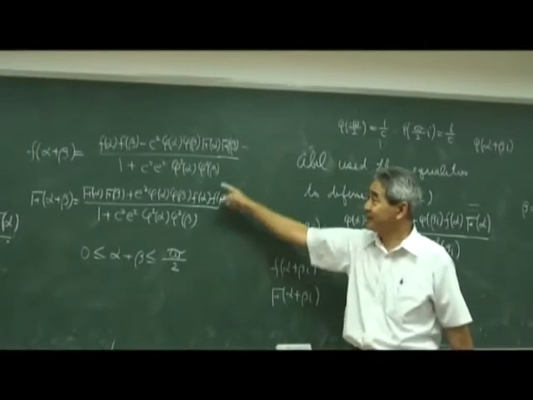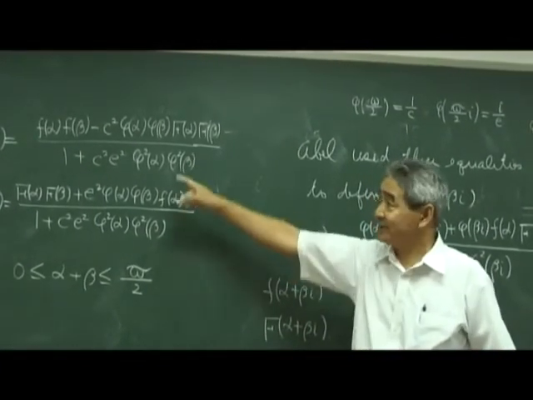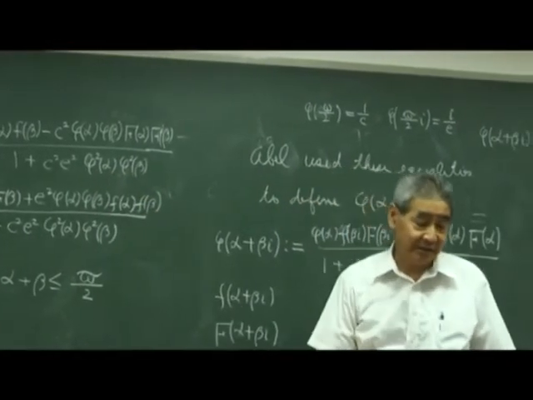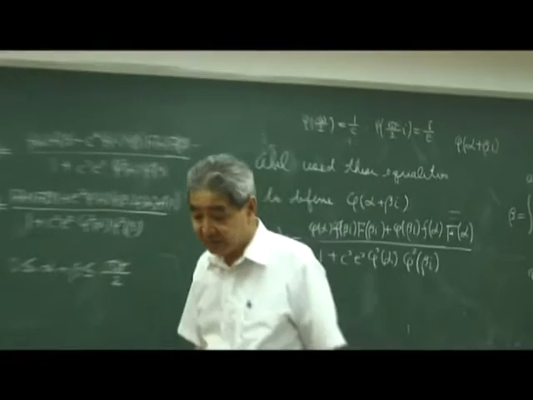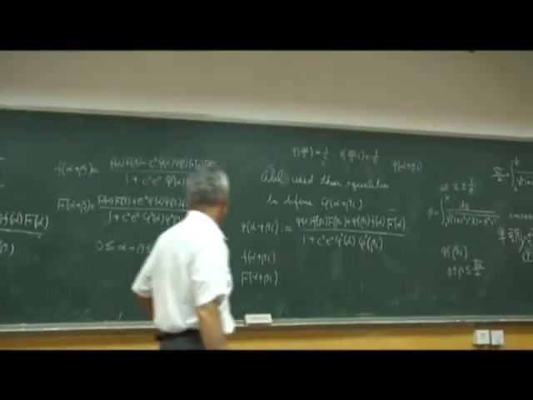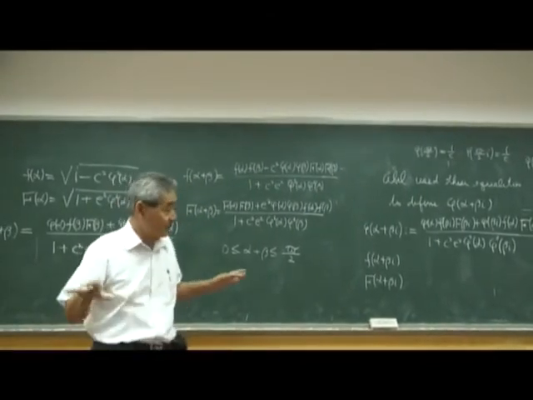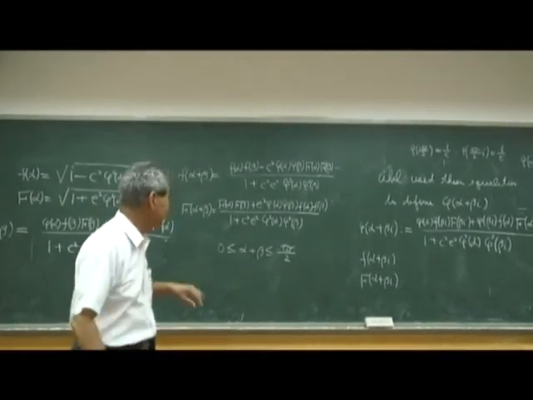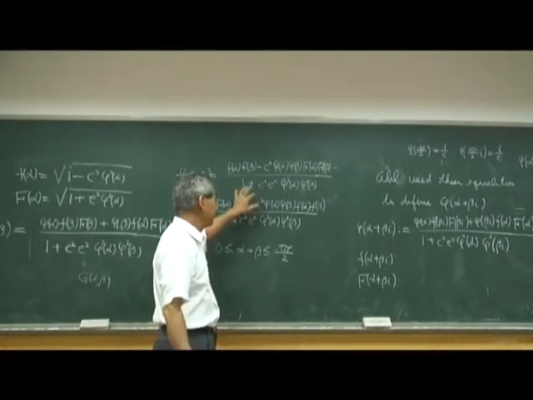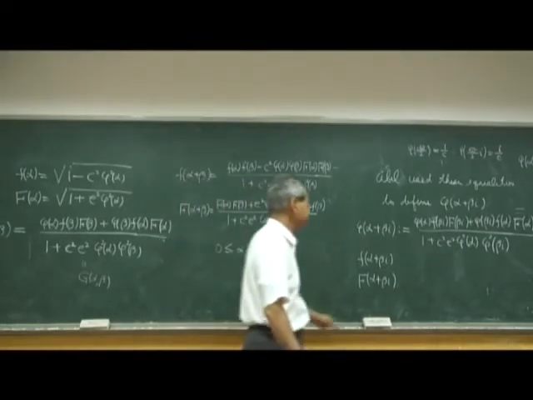Okay? This is minus 1 over e square. And this is 1 over c square. So 1 minus 1, so it's 0. So this is not a function defined on the whole complex plane, but there's some pole. In modern terminology, it's some pole. So there is some point where you cannot define that function.